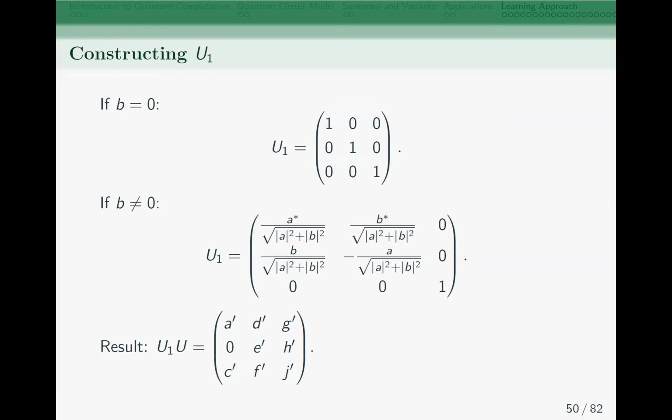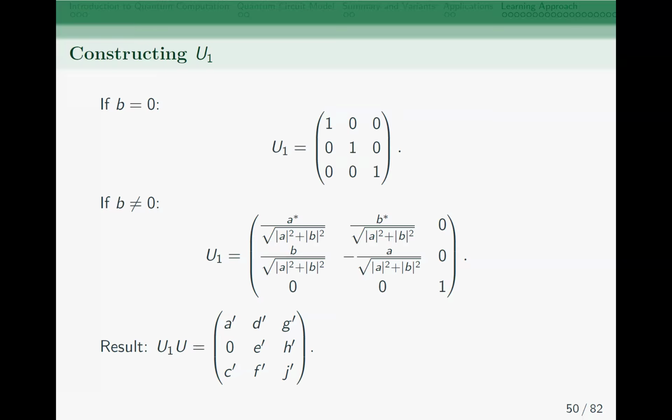So what is U1? It's very simple. You forget about all the normalization constants. You just need to pick B and minus A. Once you pick B and minus A and 0 here, then U1 times the original U will kill this position. Then you need to normalize, right? Because for any two by two unitary, remember the norm of this vector needs to be 1, and this needs to be 1.